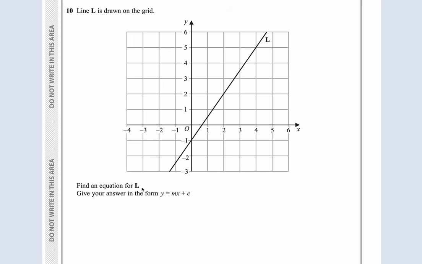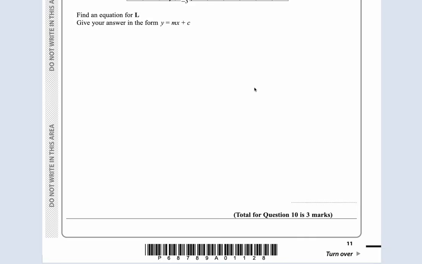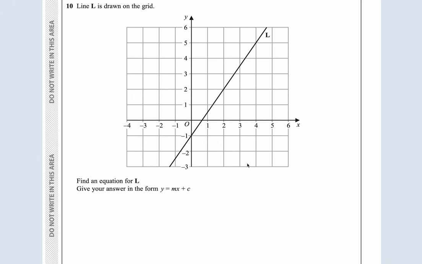Question 10. Find an equation for the line L. Okay, it's y equals mx plus c, guys. The m is the rise over the run. So I like to just pick 2 points. Pick any 2 corners where it passes through, like here and here.